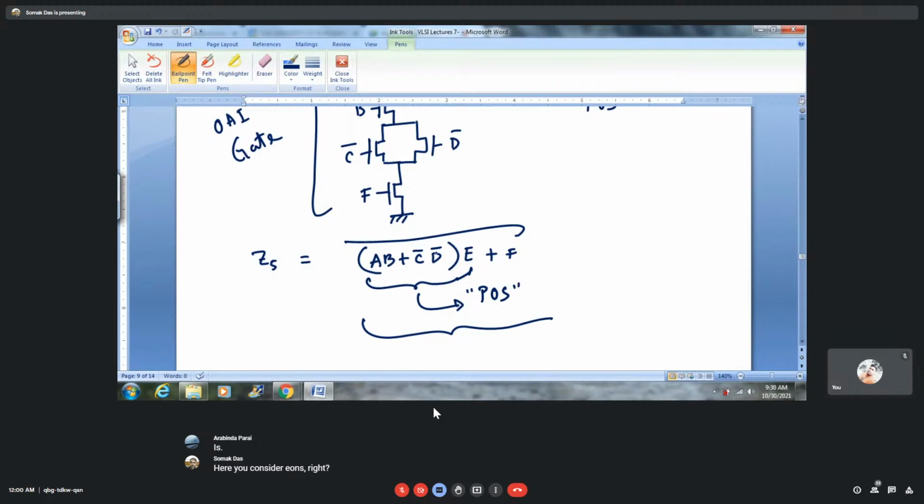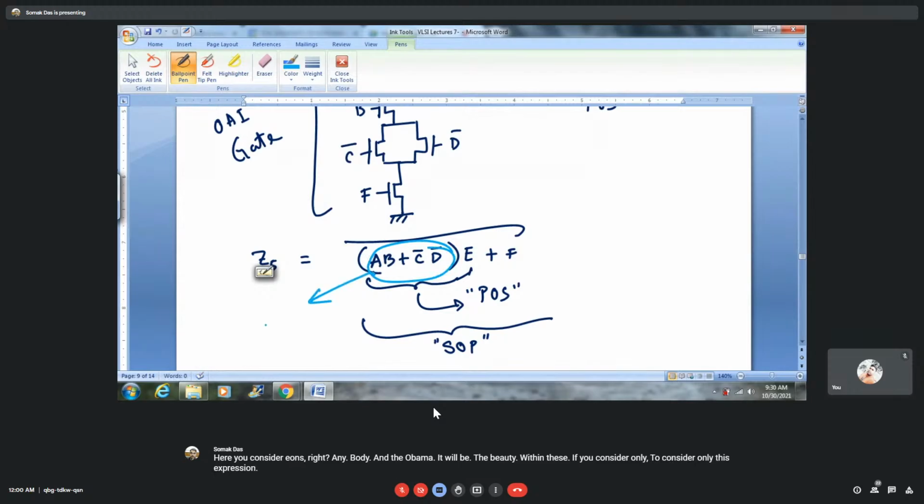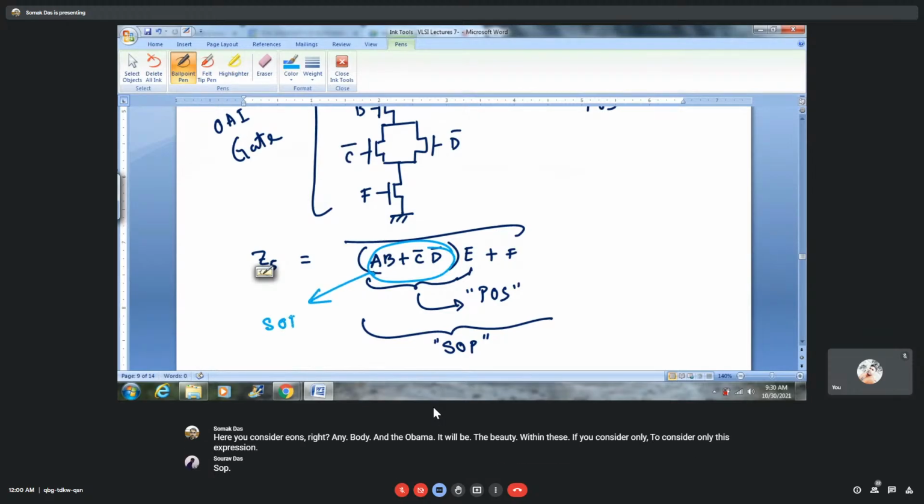Considering E also, that is POS. And the overall is SOP. If you consider only this expression, then again SOP.